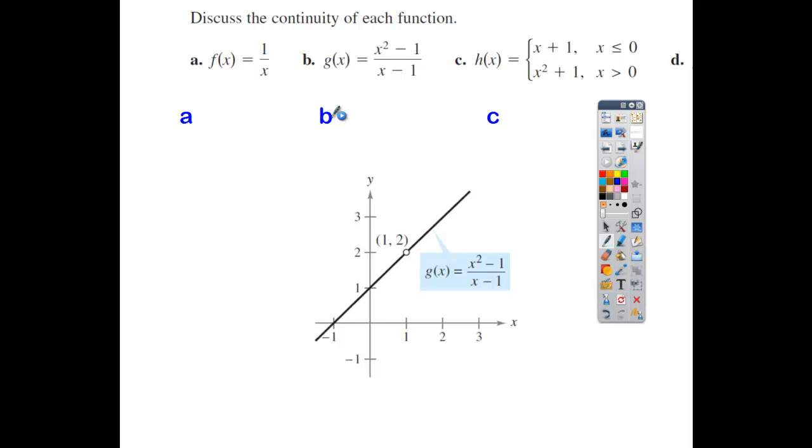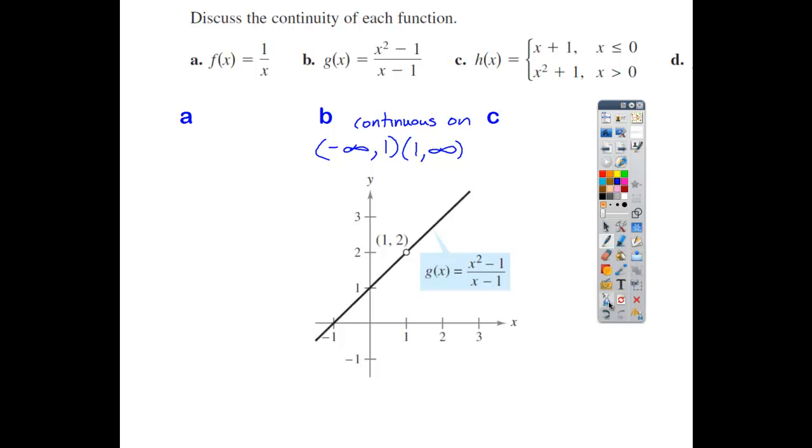If you look at the table, you'll see an error. So this is discontinuous at 1. So we have our continuity, negative infinity to 1, and then 1 to infinity. So this is continuous on negative infinity to 1 and 1 to infinity.